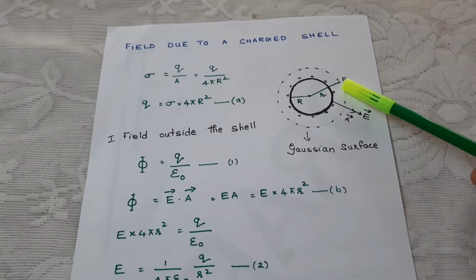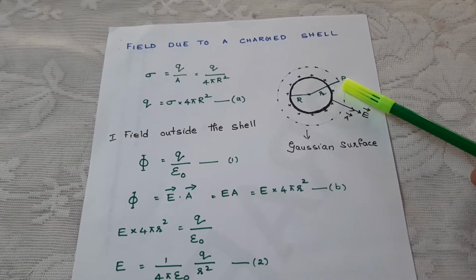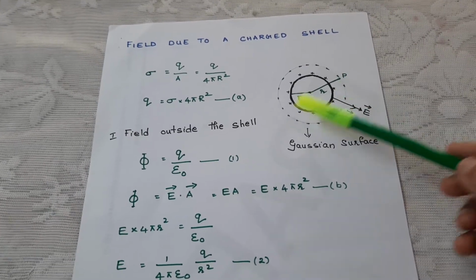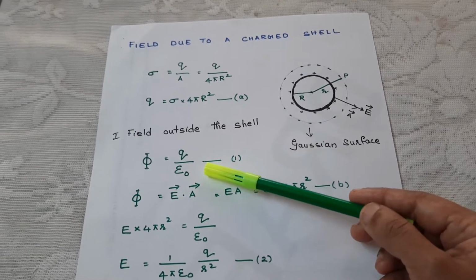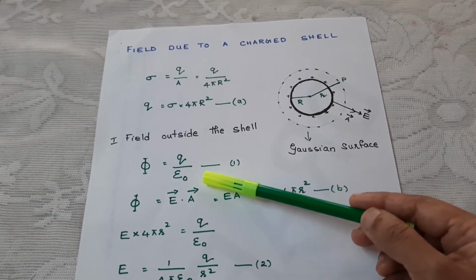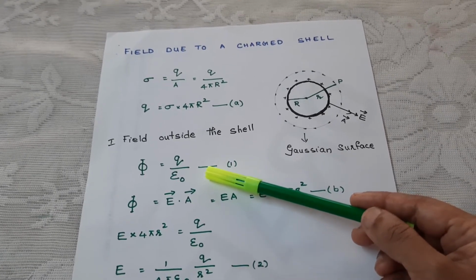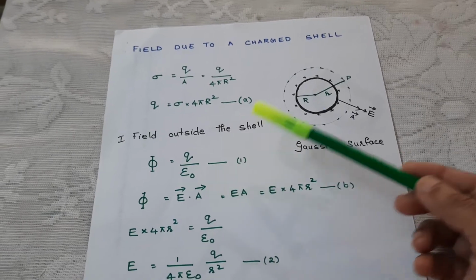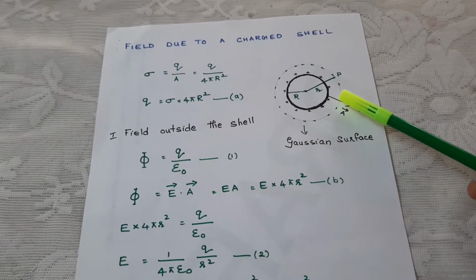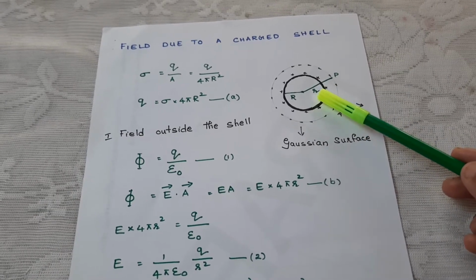Let us find the electric field at a point P outside the shell. According to Gauss's theorem, the total flux through a closed surface is 1 by epsilon 0 times the charge enclosed by the surface. Consider a spherical Gaussian surface of radius small r.